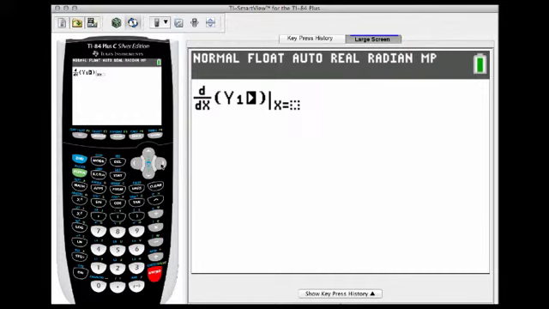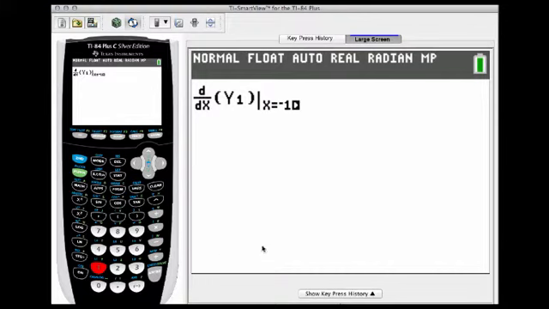Then you just use your right arrow to hop over to the next one. You'll notice that now it says x equals. That's where it's asking you for the x value at which you want to find the derivative. The vertical line is our math symbol for such that. So you would read this as finding the derivative with respect to x of what you have under Y1 such that x equals, and let's do -1.